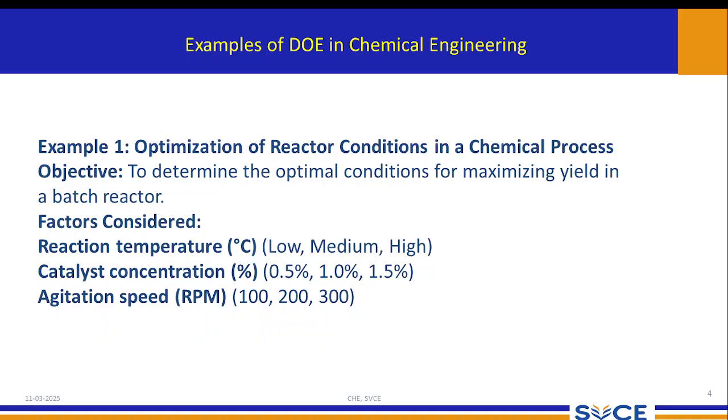So this one is not one factor at a time, it is multiple factors. That means we are varying the independent variables from low, medium and high for all these three conditions. Even for catalyst concentration, we can consider 0.5% as low, 1% as middle, and 1.5% as high, and similarly for agitation speed.